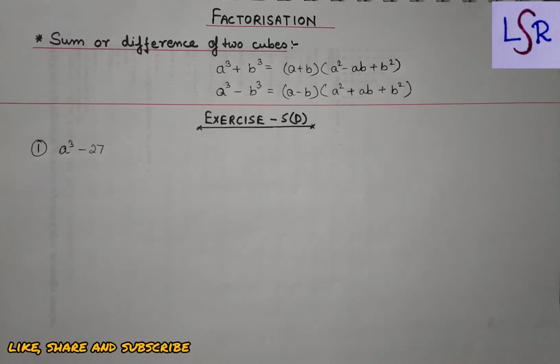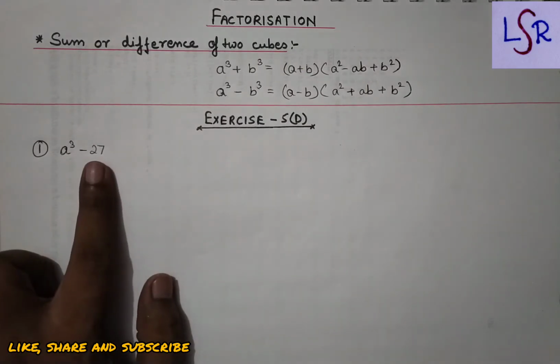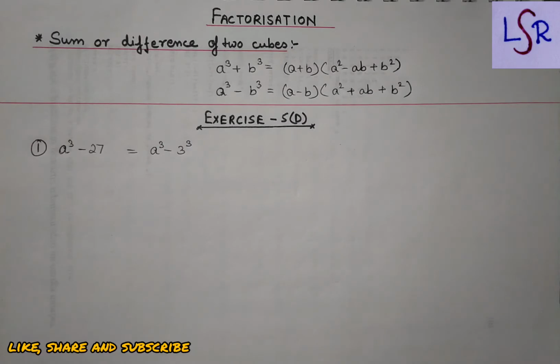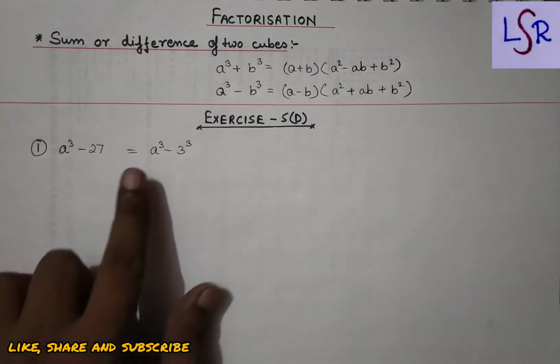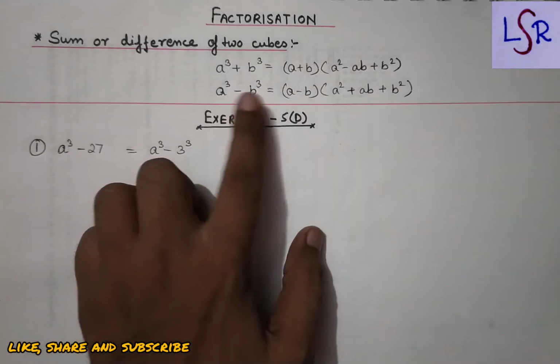It is a cube minus 27. Here a cube is in the form of a cube only, and this 27 can be written as 3 to the cube. Now we have this expression in the form of a cube minus b cube, so we can use this identity.